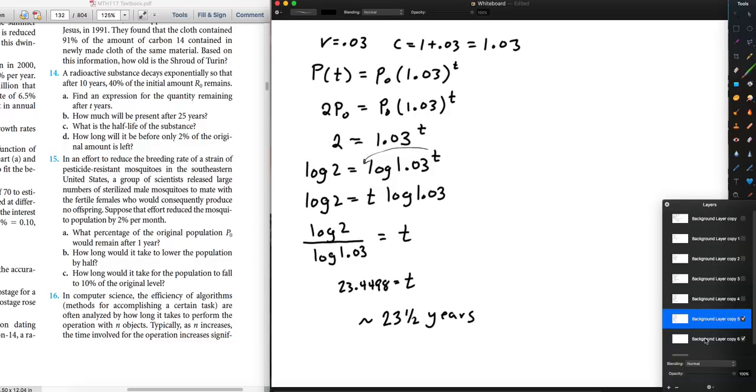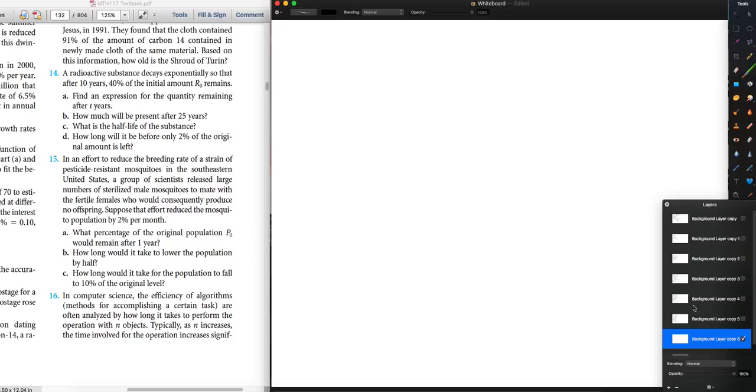So once again, clean page. After 10 years, so when t is 10, 40% remains. So that is 0.4 remains.